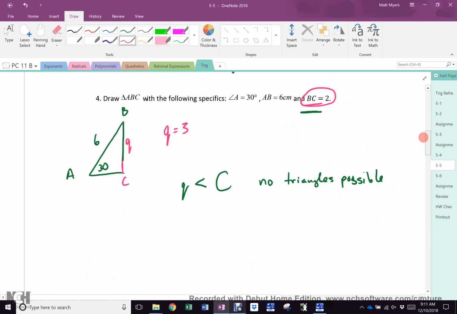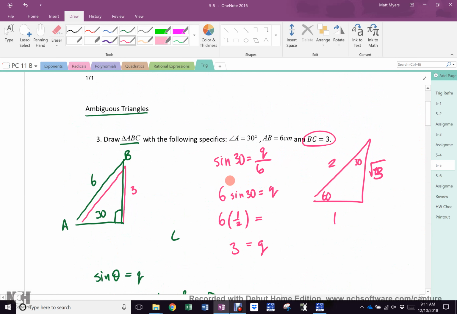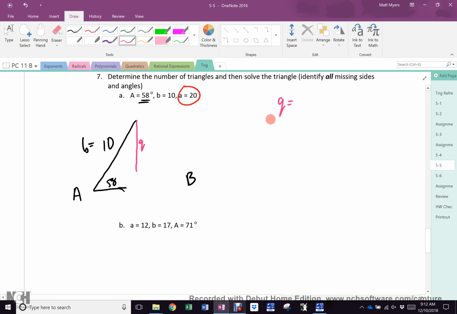Bring your prior knowledge with you. Q equaled the side we had times sine of our angle. So what is Q here? The side we have, which is 10, times the sine of the angle which we have, which is 58. So what does Q equal? 8.5. And we're happy with one decimal place.